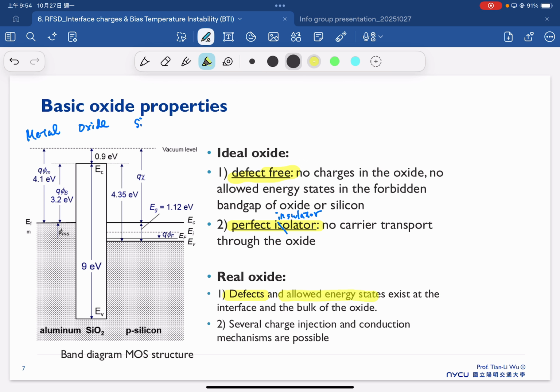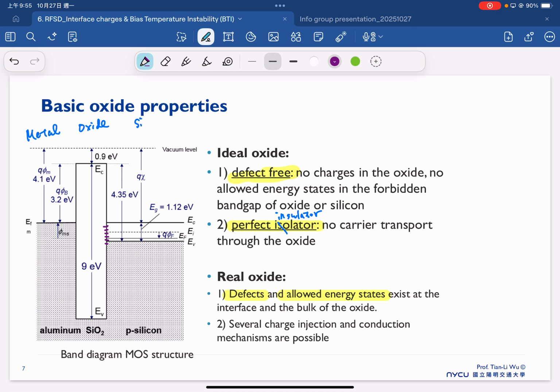Defects and allowed energy states always exist at the interface and in the bulk of the oxide. So first of all, if we look at the band diagram, where are these defects and allowed energy states? Here is a place where we have this interface state, because this is the interface between our dielectric and our silicon.